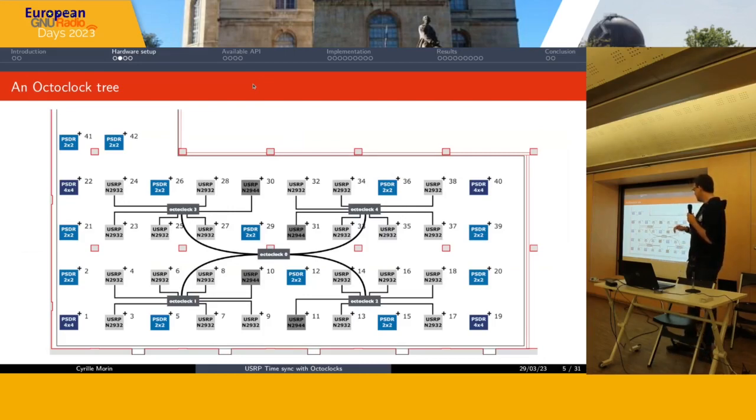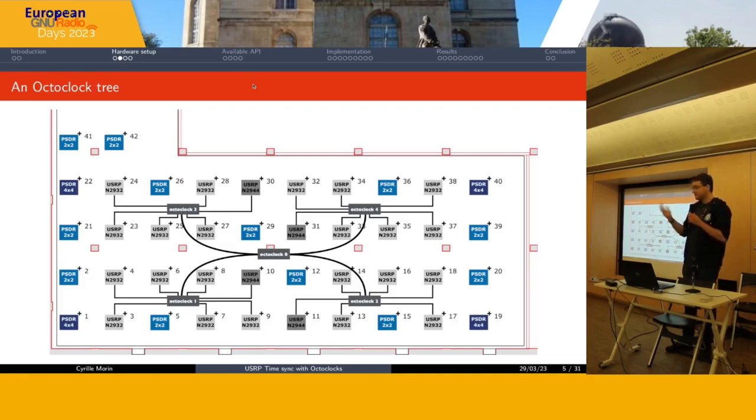And as you can see, they are all connected to an Octoclock, which is a device that transmits both a 10 megahertz sine signal that can be used to synchronize the frequency and the sampling rate of the radios, and also a PPS pulse, so 1 pulse per second.